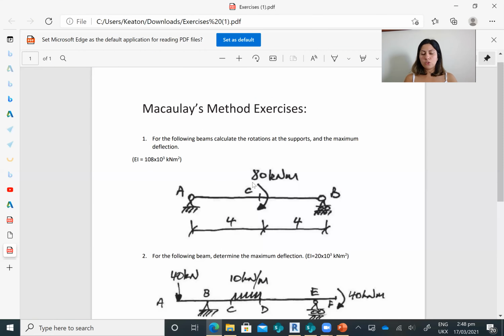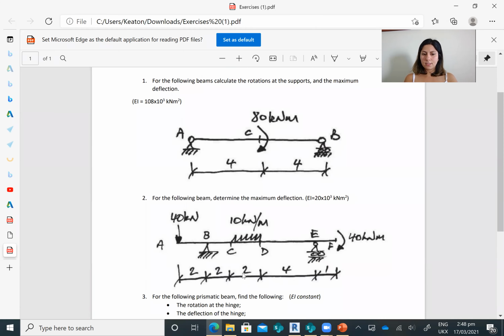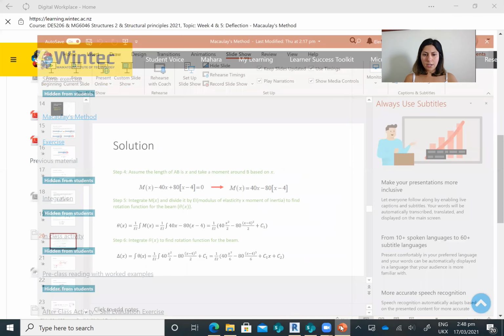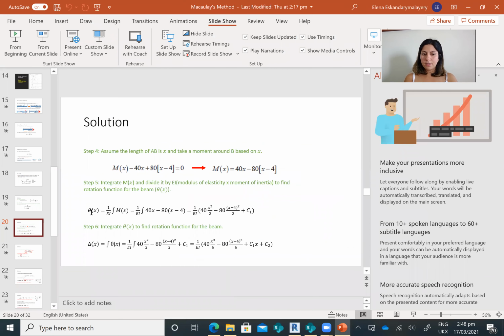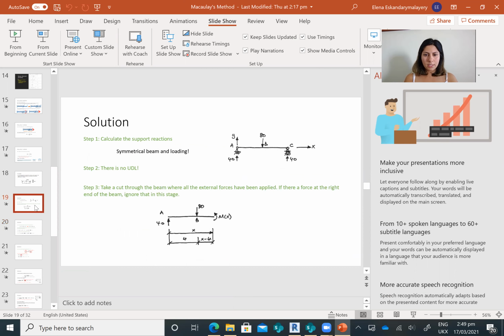Just derive mx for this beam and this beam, 1 and 2, and find theta, which is rotation based on x, as well as delta based on x. It means whatever I've done in here.